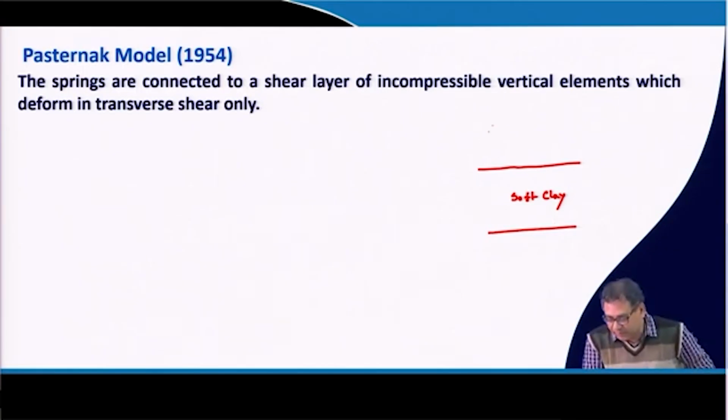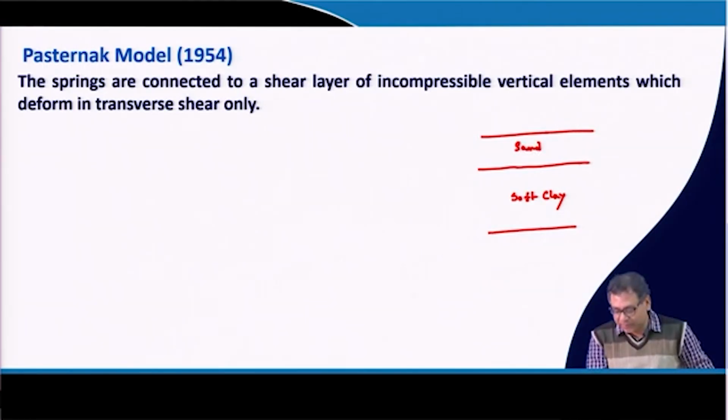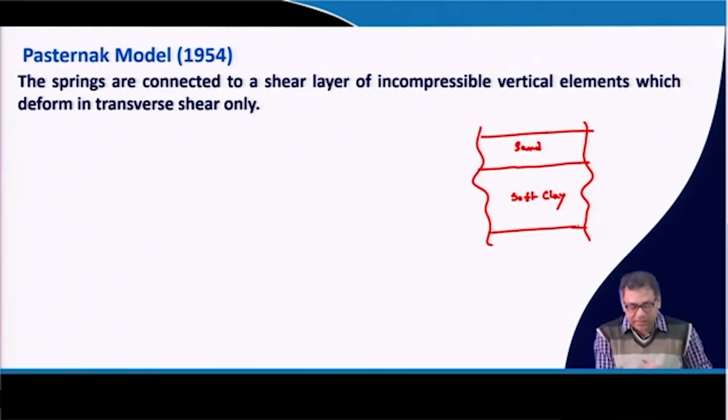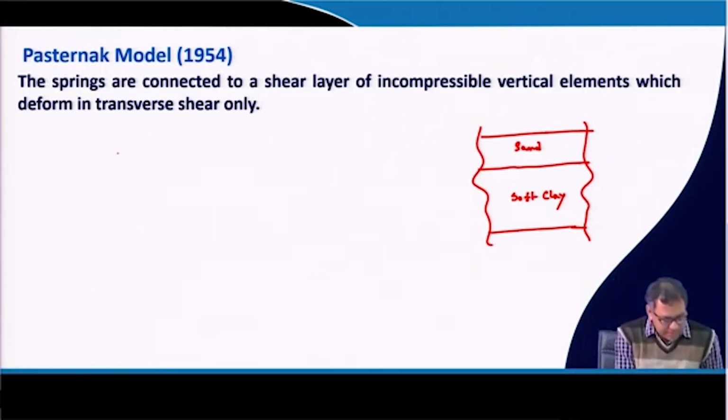So, now if we do that kind of situation, that means this is a sand layer, and then we place the foundation over there. This situation can be represented by the Pasternak model. So, what is that model? In this model, the springs are connected with a shear layer.